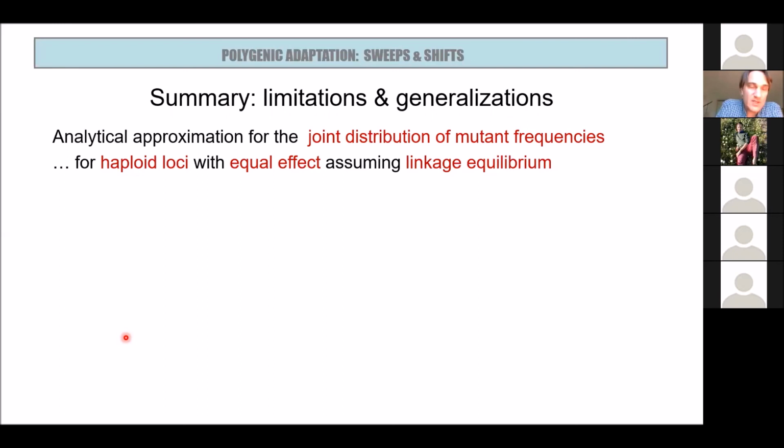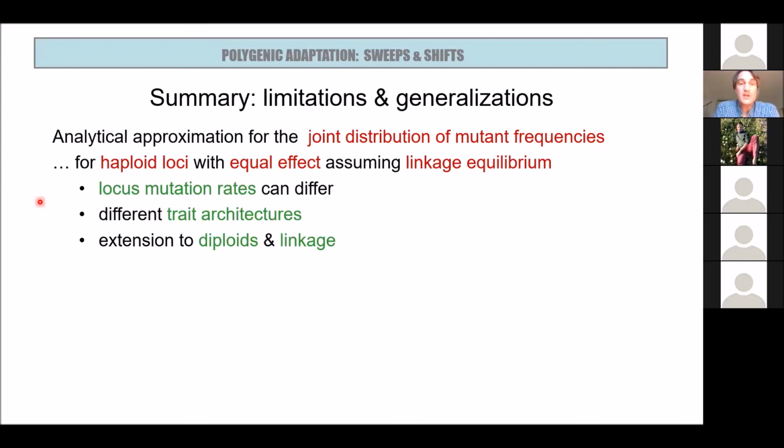So we did some mathy stuff, and we found analytical approximations for the joint distribution of mutant frequencies, assuming haploids with equal effects, and also assuming, I didn't point this out so much, linkage equilibrium among these loci. However, the locus mutation rates can also differ, and we get analogous results.